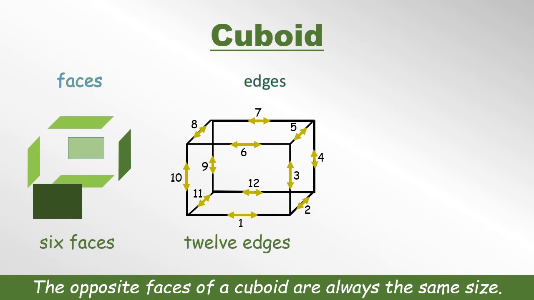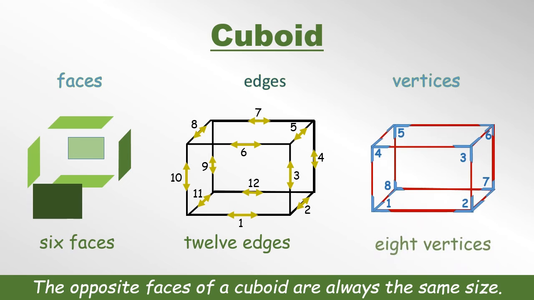Let's go to edges. 1, 2, 3, 4, 5, 6, 7, 8, 9, 10, 11, and 12. That is a long one there. Now let's go to the vertices. 1, 2, 3, 4, 5, 6, 7, and 8.